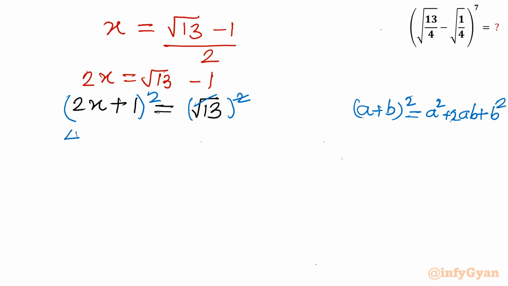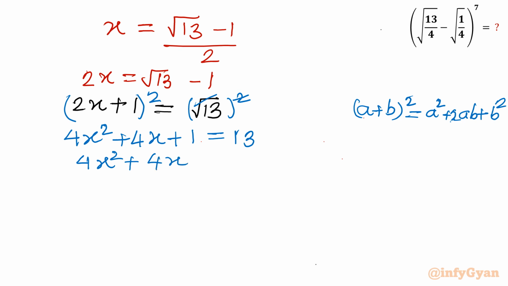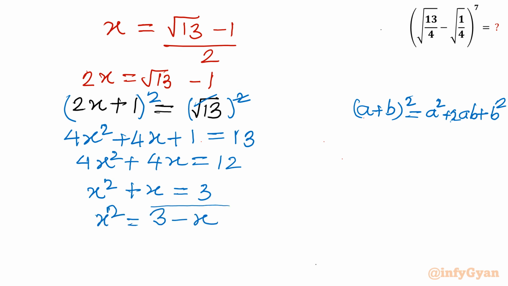So 2x whole square is 4x square, plus 2ab, so plus 4x, plus b square, so 1, equal to 13. Take away 1 from both sides: 4x square plus 4x equal to 12. The equation is divisible by 4. Let's divide: x square plus x equal to 3. Now I can write our equation as x square equal to 3 minus x.